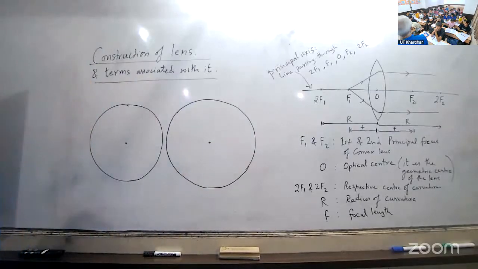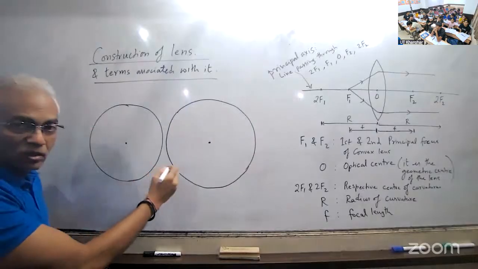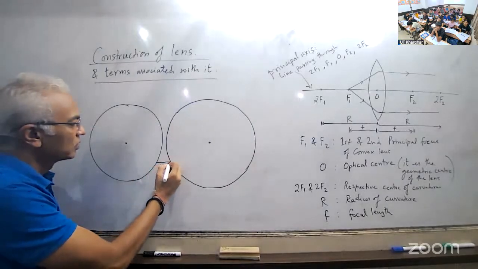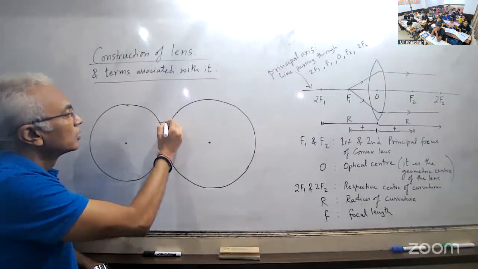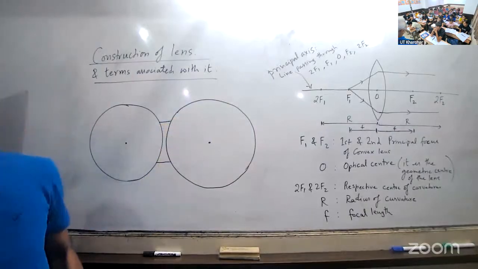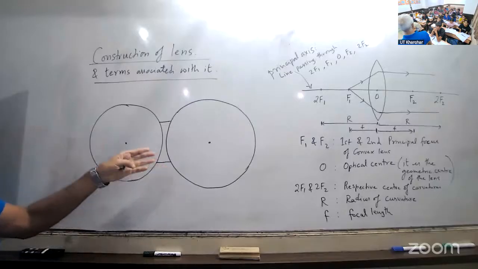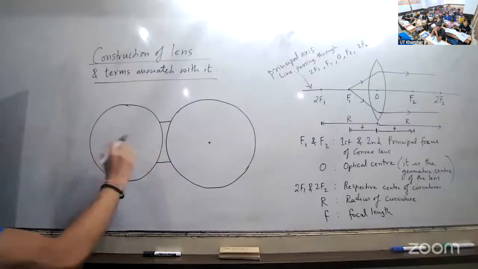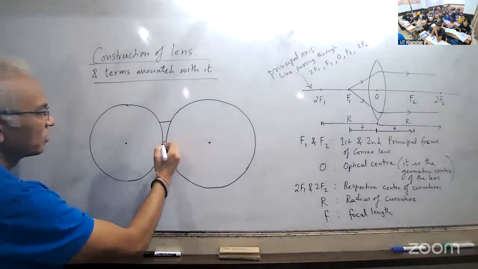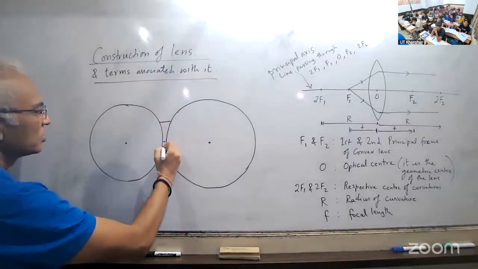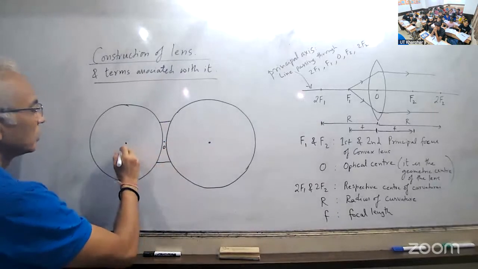Okay, these are the two spheres, but it is one part, right? So obviously there will be a mold in which the liquid would be super cooled to actually manufacture this. But why it has two radii of curvature is because of this. So this is O, right?